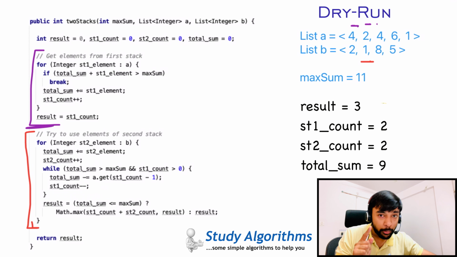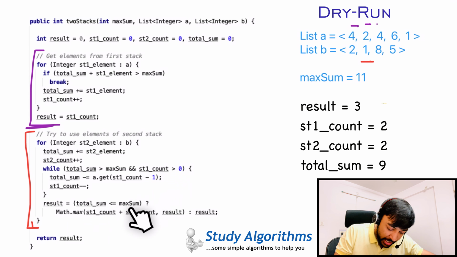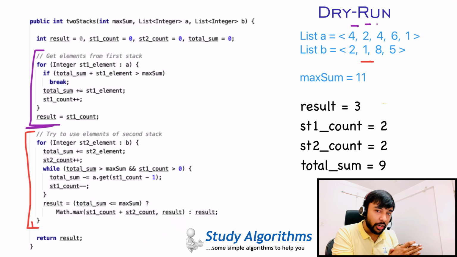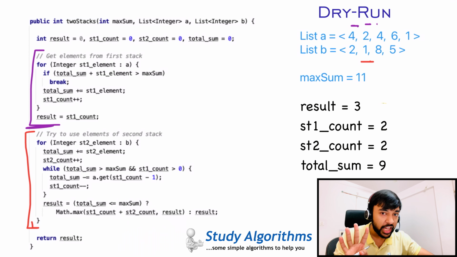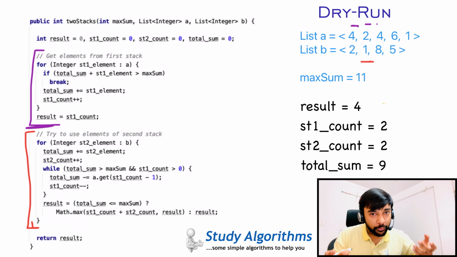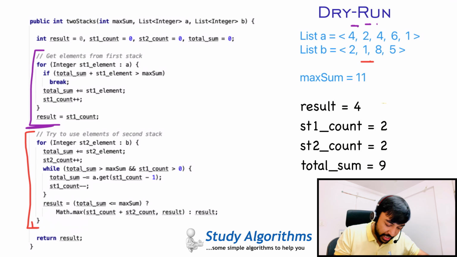So we do not remove any elements from stack 1. We again verify, hey, is stack 1 count plus stack 2 count greater than the previous count that we had? This time we know that we have a total of 4 elements, right? So we update this value. This loop will run again for all the elements, and ultimately when this loop ends, we return the result.